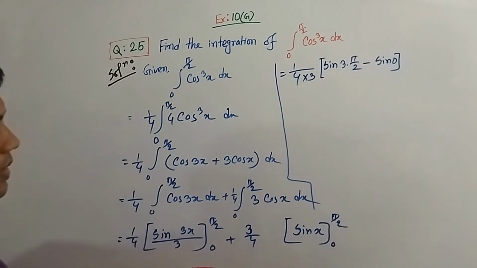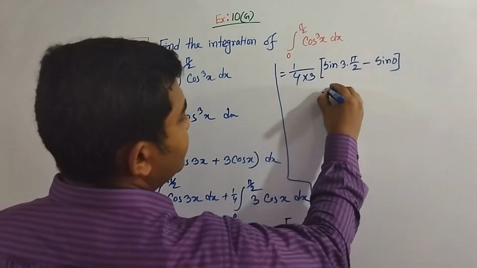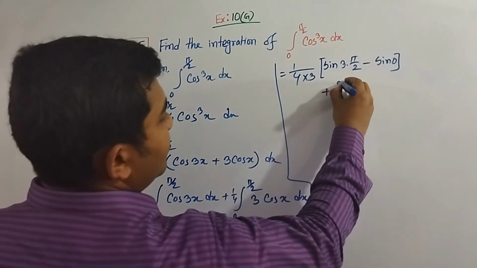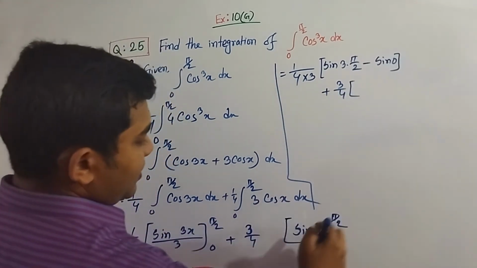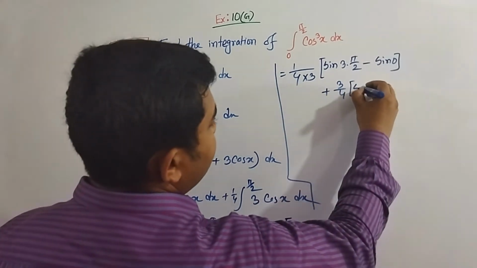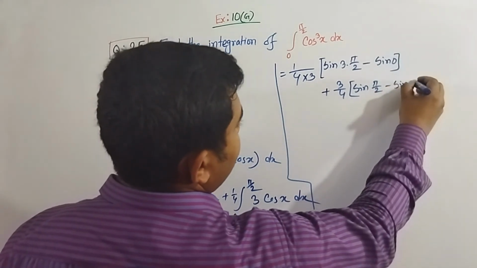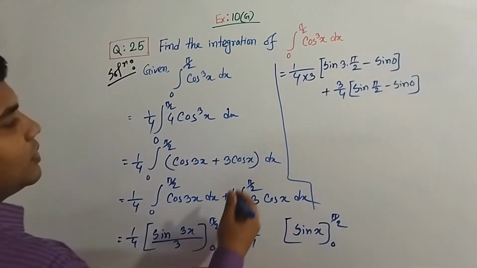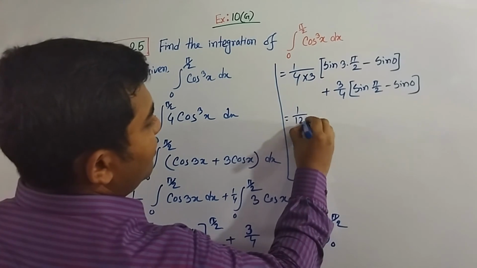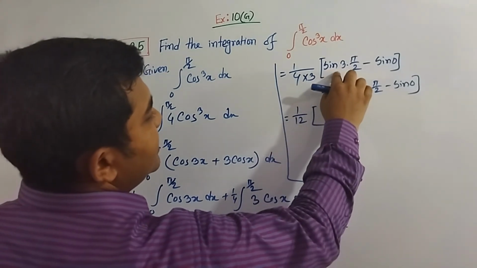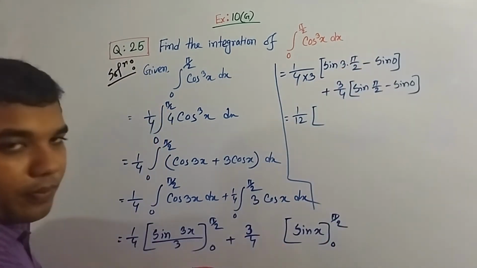Then plus 3 by 4 times sin pi by 2 minus sin 0. So here we will actually get 1 by 12, and here sin 3 pi by 2.